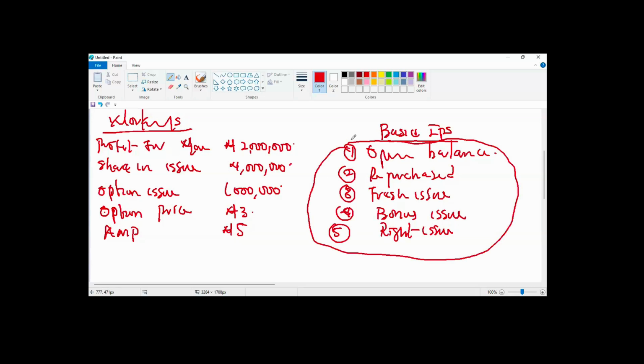So if you look at the question, out of this, I can calculate the basic earnings per share.